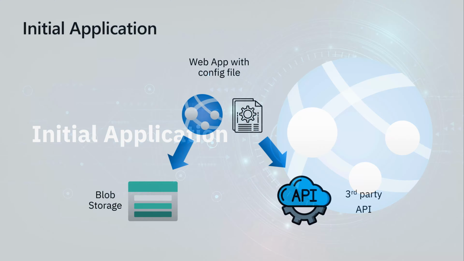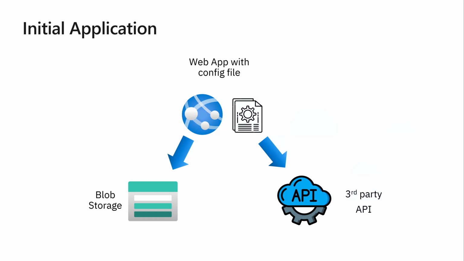So let's talk about our initial application. This is the traditional application that I see a lot, which is a web application hosted in, let's say, app services. Most of the times it's not even app services, to be honest, it's in a virtual machine. But let's go with the PaaS approach. It's an app service, and it comes with a configuration file where you have connections to a third party API.